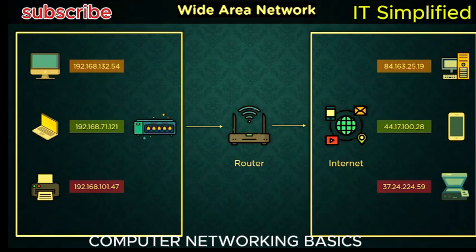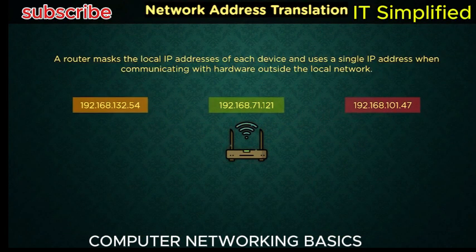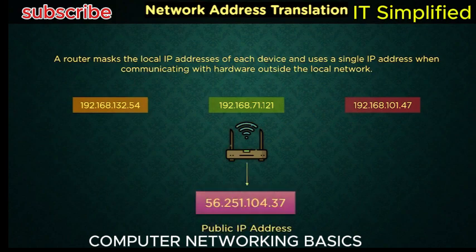However, when a router communicates with devices outside a local network, it tends to mask the internally allocated IP addresses and uses a single public IP address for all the devices. This process is called network address translation, or NAT. Network address translation is the method of translating one IP address to another while these packets are in transit through a router. This improves security and reduces the number of IP addresses required by a company.